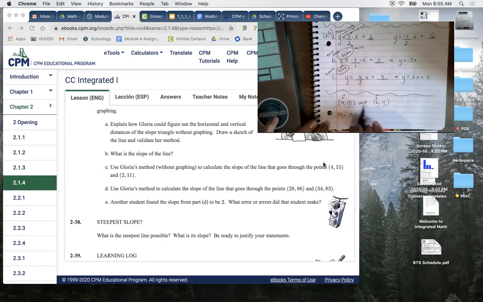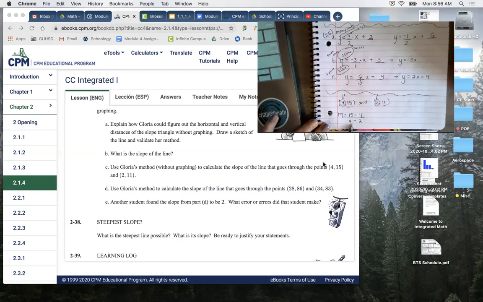And then I do the same for my x's, but it's really important that you do them in the same order. So in this point, I would have to have the 4 on the bottom here. I did 15 minus 11, so I have to come back and do 4 minus 2. My coordinate points actually line up with each other. So then I do 4 minus 2 on the bottom. That's the change in my x's.